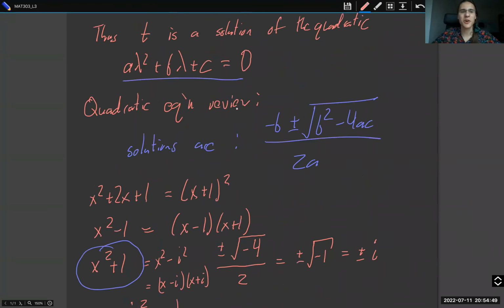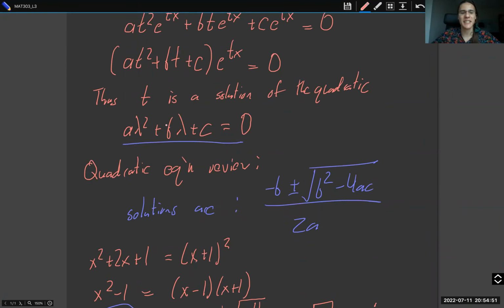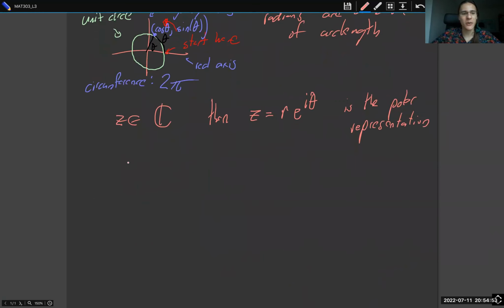Okay, so let's go back to this equation right here. Let's imagine that we had the equation lambda squared plus 1 is equal to 0.